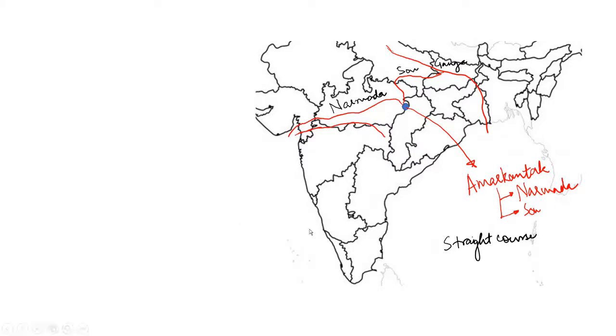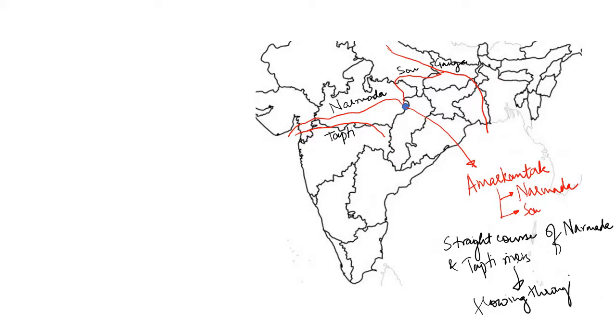So the straight course of the Narmada and Tapti rivers implies that they both are flowing through a fault plane.